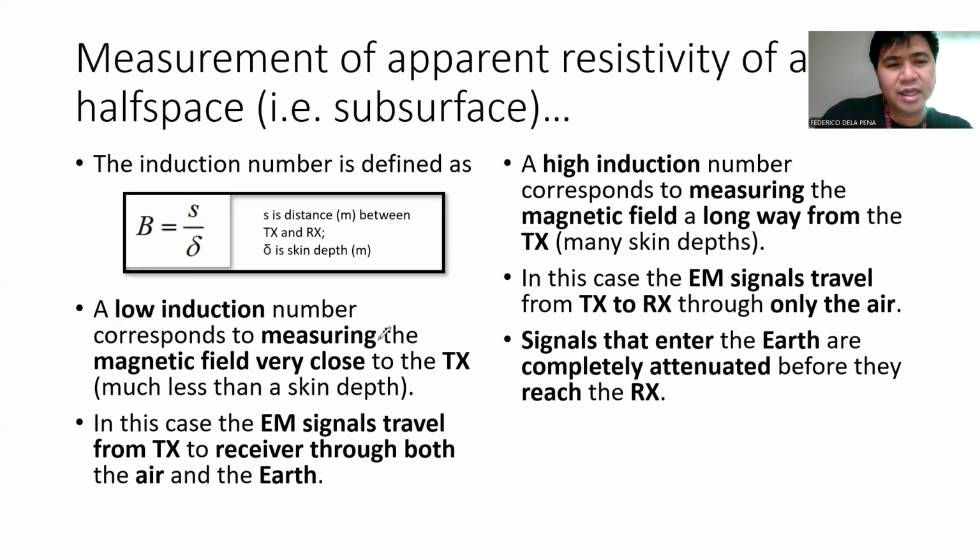So you get low induction numbers when your spacing is small, for example, a small EM equipment. This is common for ground-based equipment. You have small transmitter-receiver separations.